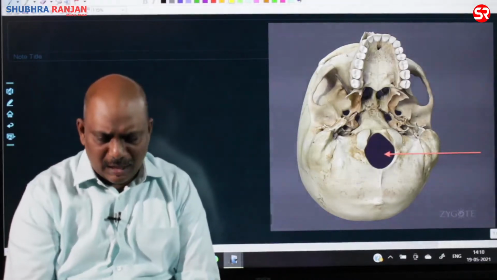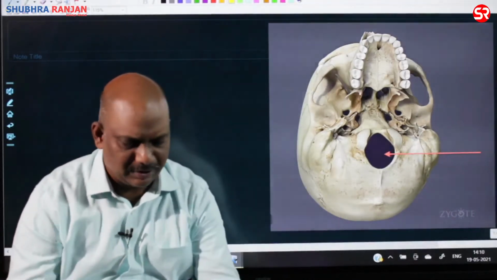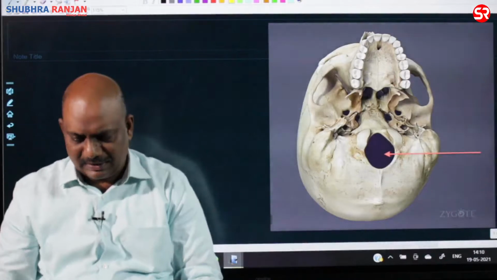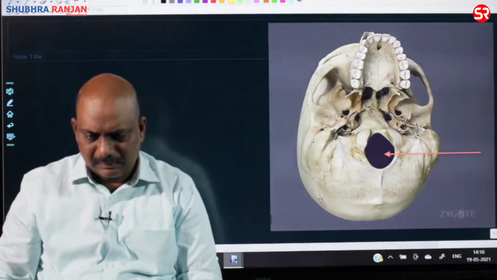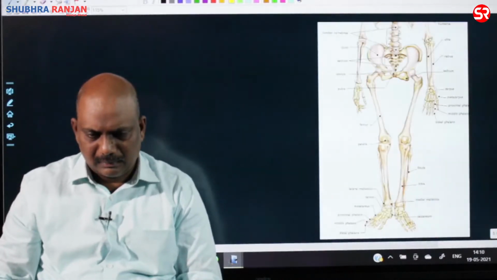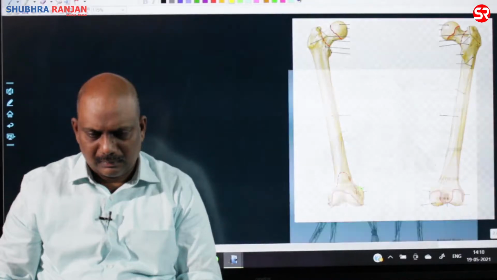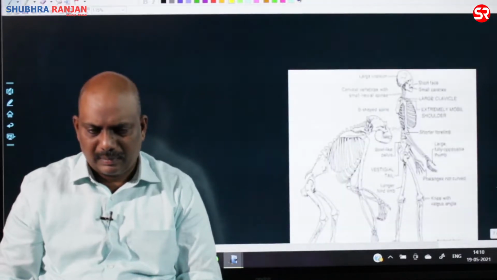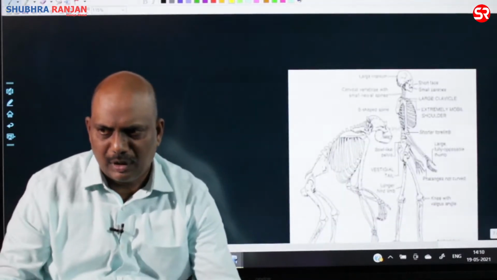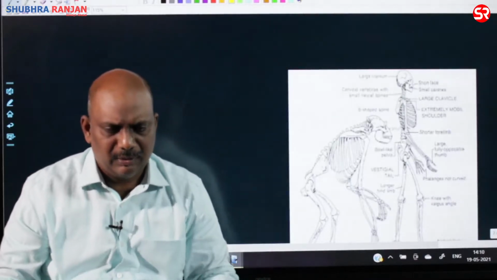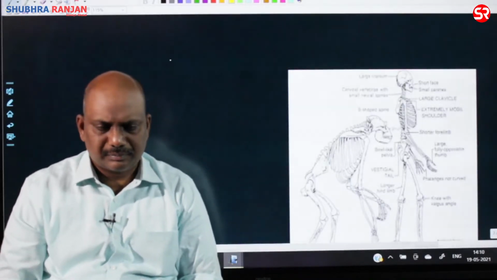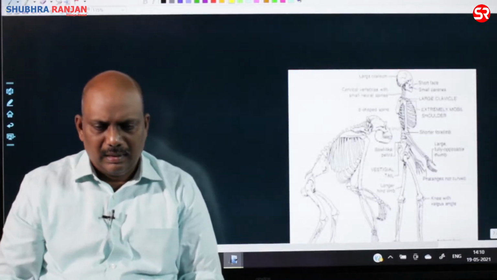When our animals had quadrupedal locomotion, I'll show one picture, see if you can understand. The picture is not so clear, but I will explain. See here, this one.